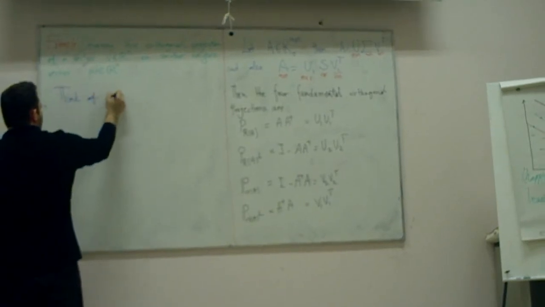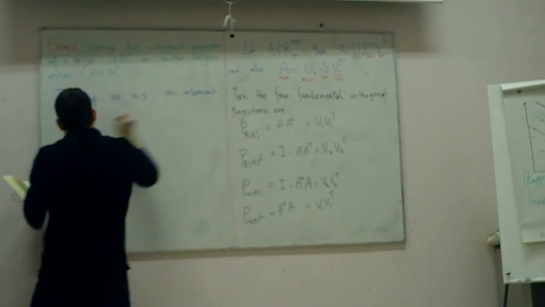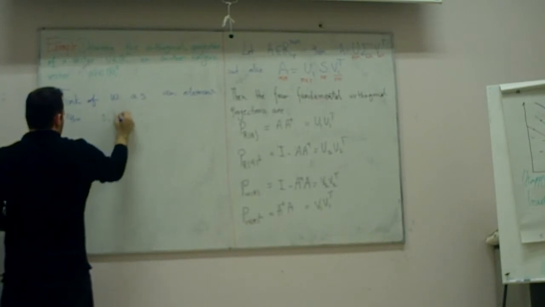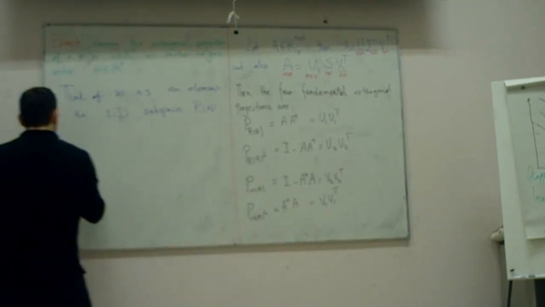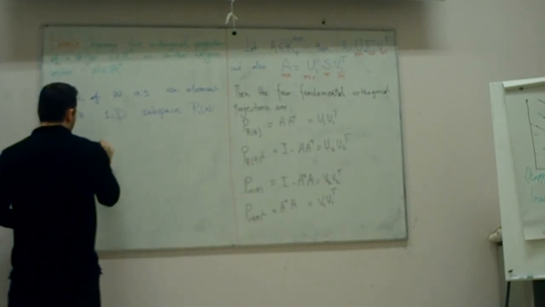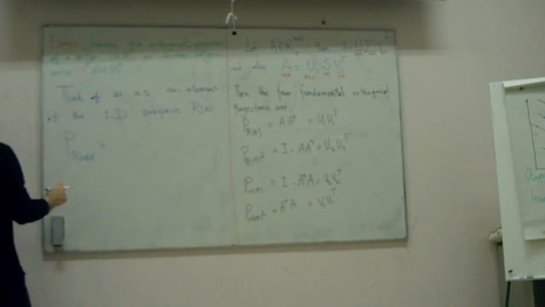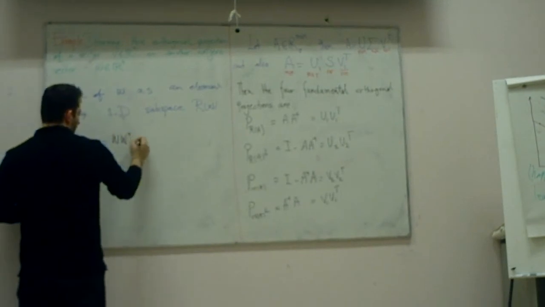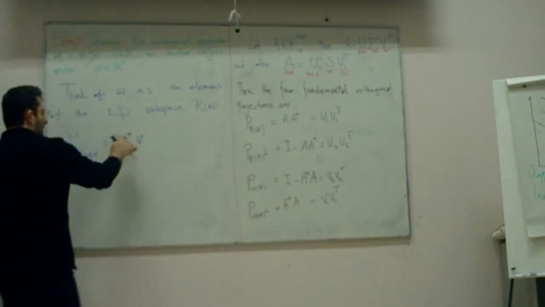Think of the vector W as an element of the one-dimensional subspace of R. So we want to calculate P of W and V. Basically, you have to calculate W plus V. Do you remember what is the W plus?